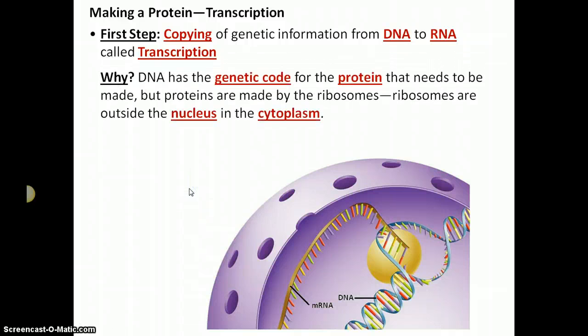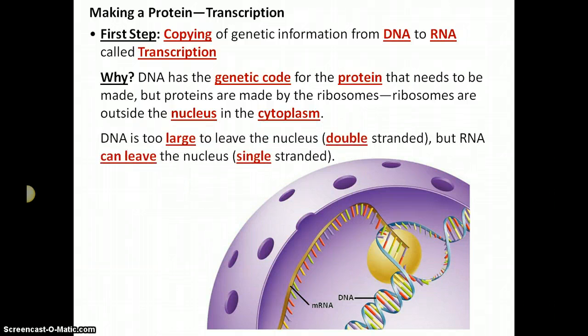Now, the purpose of this, the biggest question is why? Why do we need a copy of the genetic code? And the simple answer to that is that ribosomes are where the protein synthesis happens, where proteins are made, and the nucleus is where the DNA is, and the DNA can't leave the nucleus.